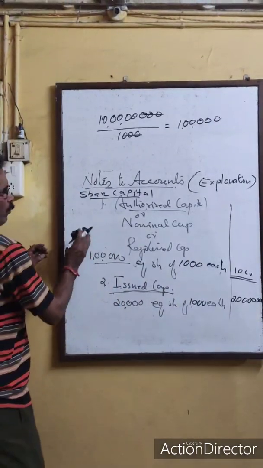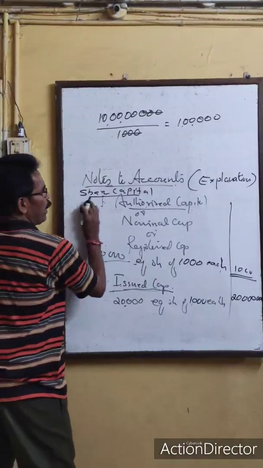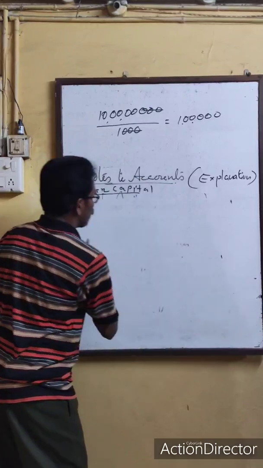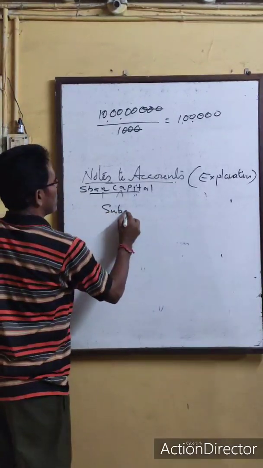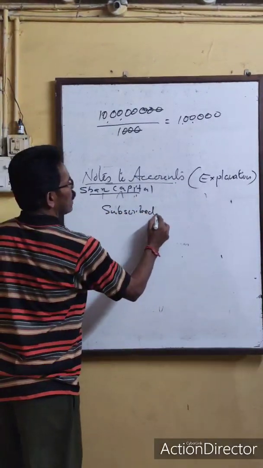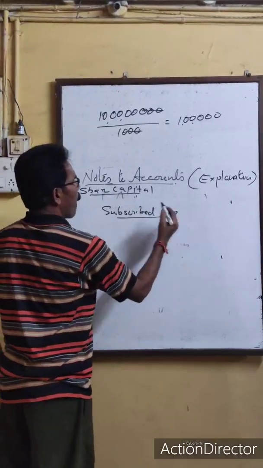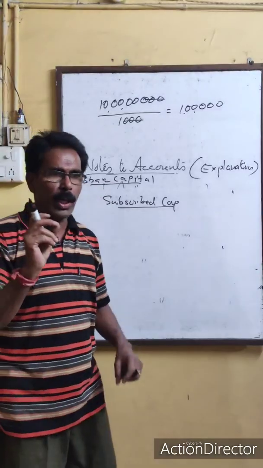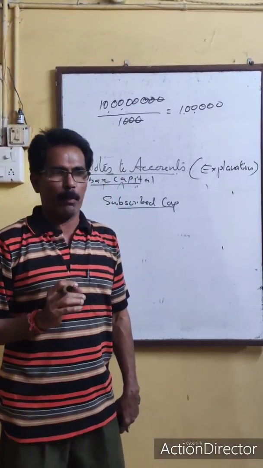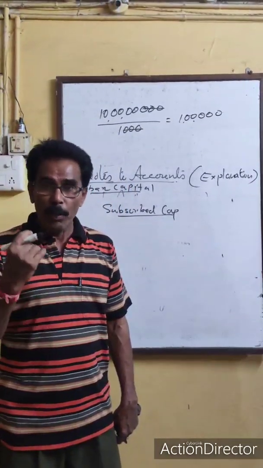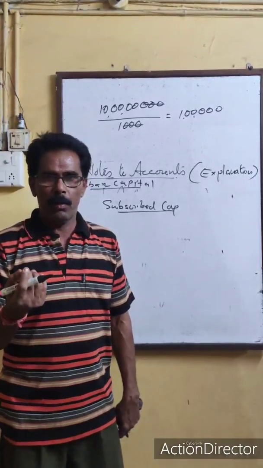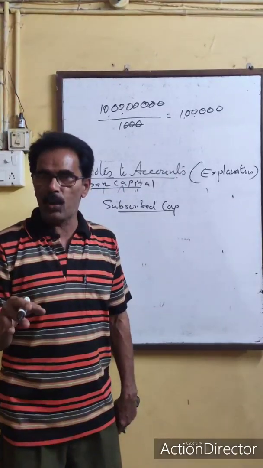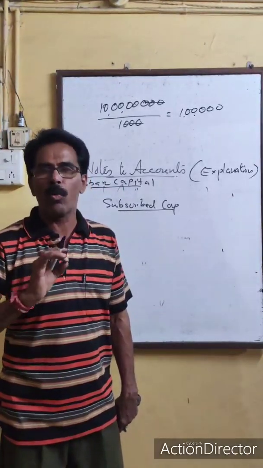And thirdly, it is subscribed capital. Subscribed capital means the capital taken over by the public. It is not necessary that all 20,000 shares will be taken by the public. Maybe the full 20,000 shares may be taken, or it may be 18,000 shares, or 10,000 shares, whatever it may be.